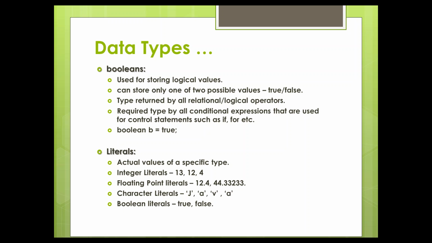Integer literals contain whatever integer values you can think of, and similarly floating point literals. Character literals are enclosed within single quotes. Like we enclose strings in double quotes, we enclose characters in single quotes. And Boolean literals are either true or false.